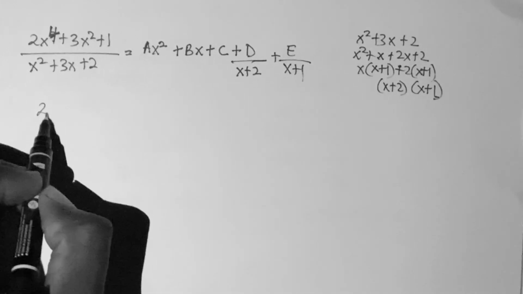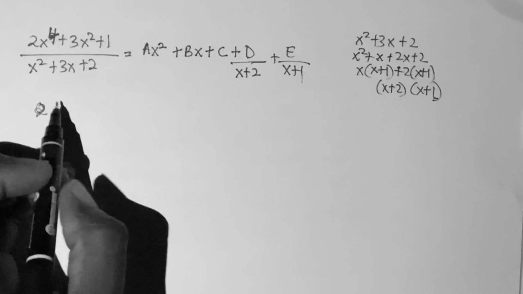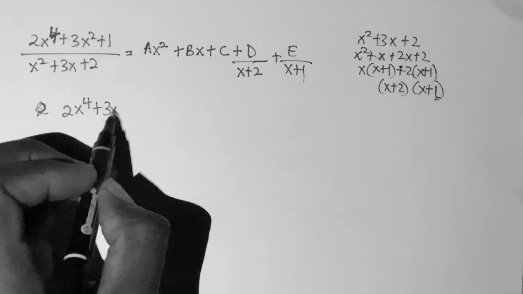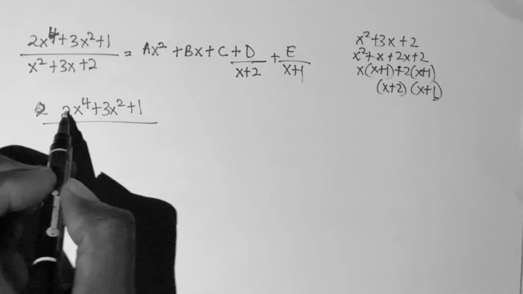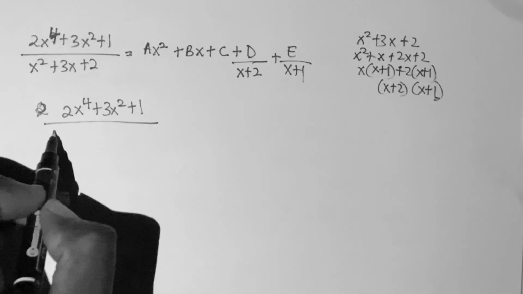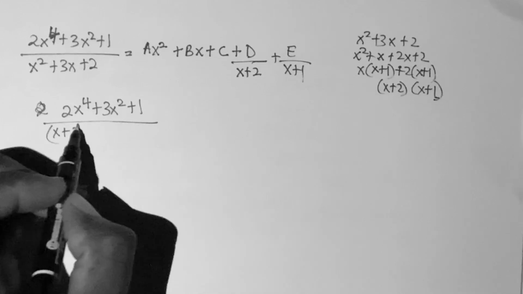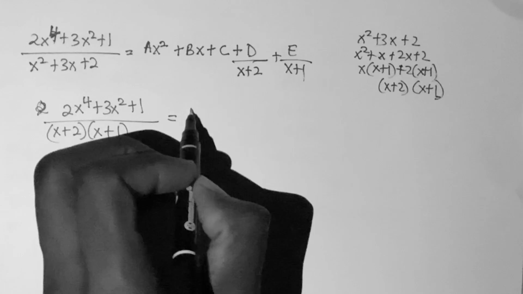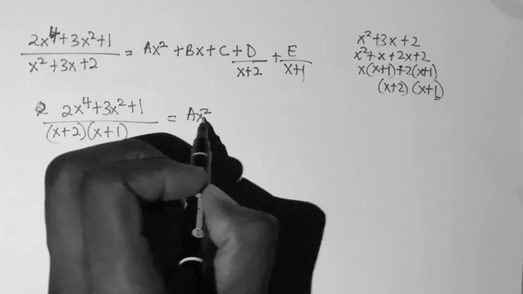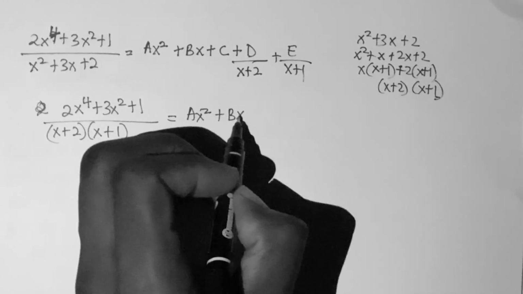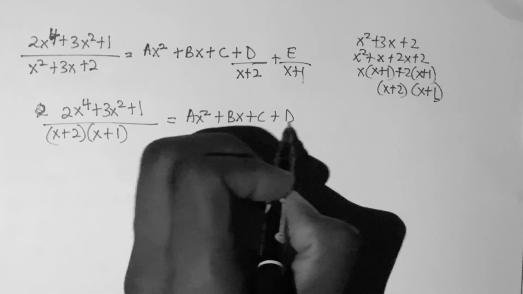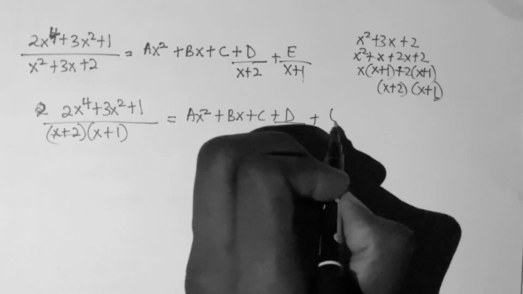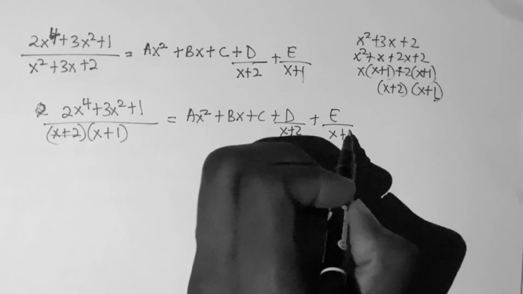This can be written as 2x exponent 4 plus 3x squared plus 1 divided by x plus 2 times x plus 1, which is equal to ax squared plus bx plus c, plus d over x plus 2, and plus e over x plus 1.